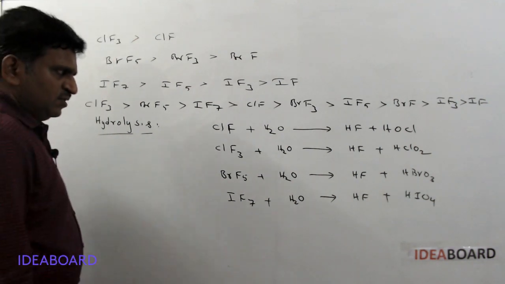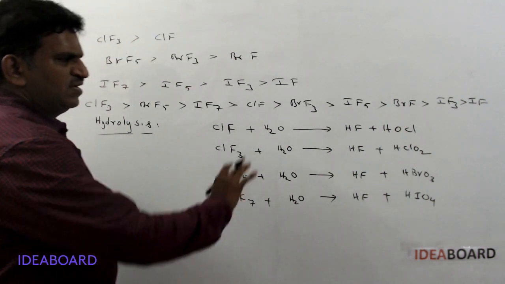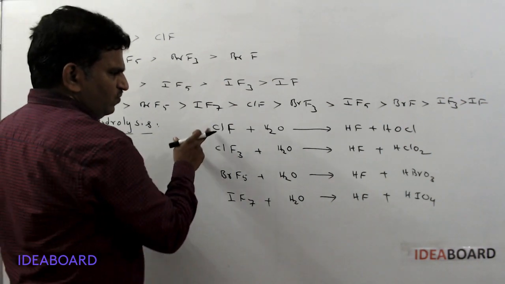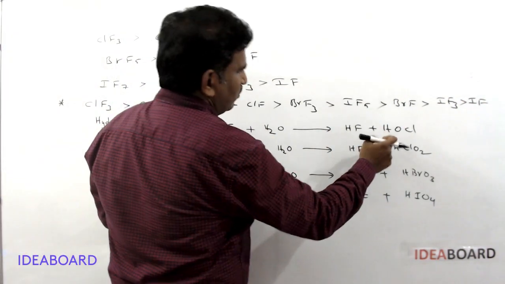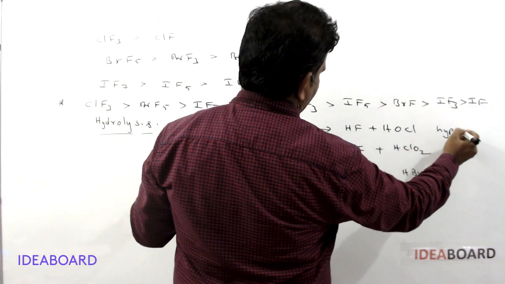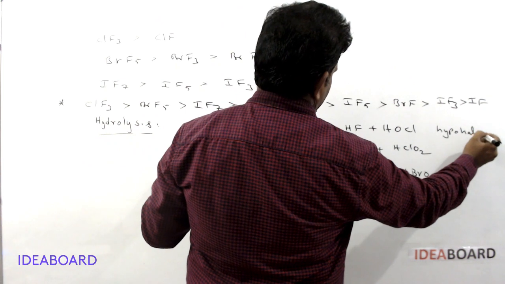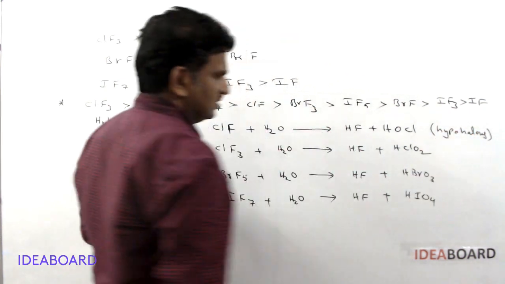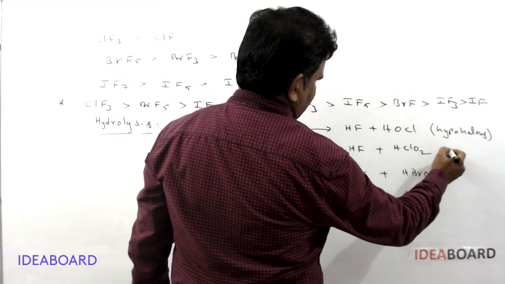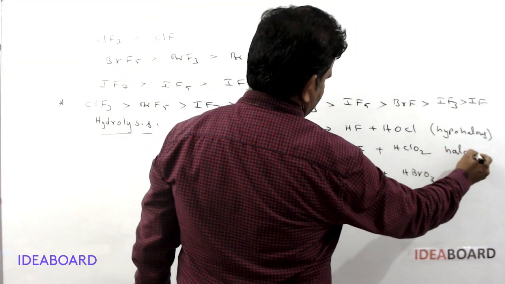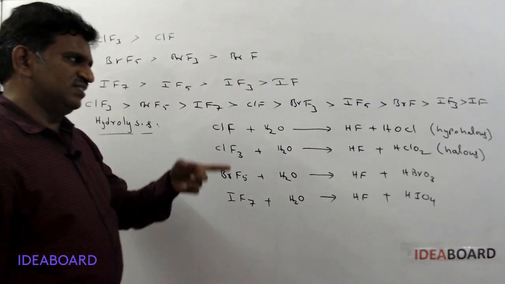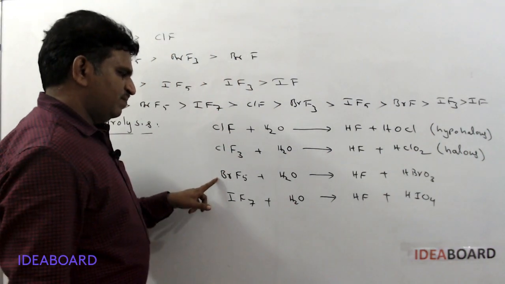Here, how can we remember it easily? Please see, monofluorides give hypohalous acid. Trifluorides form halous acid, or salts of halides are formed.